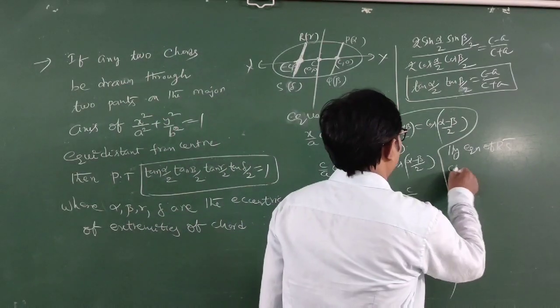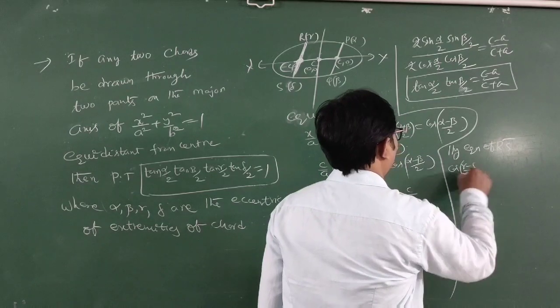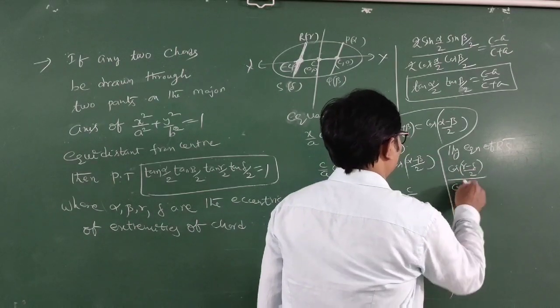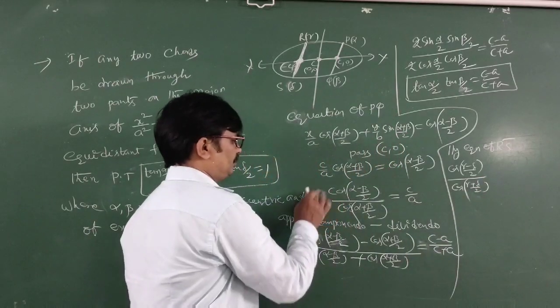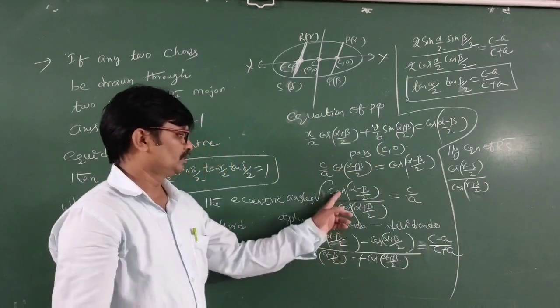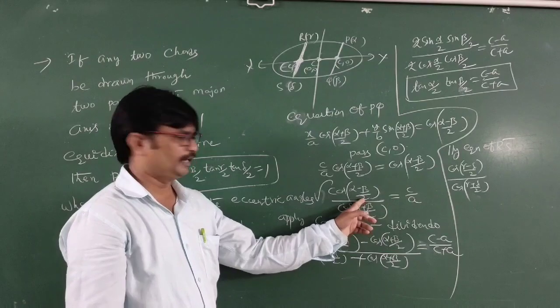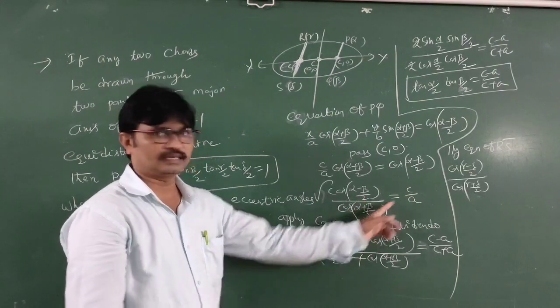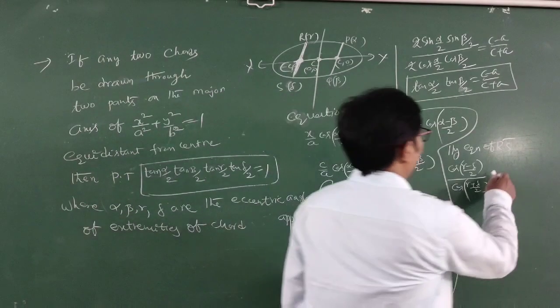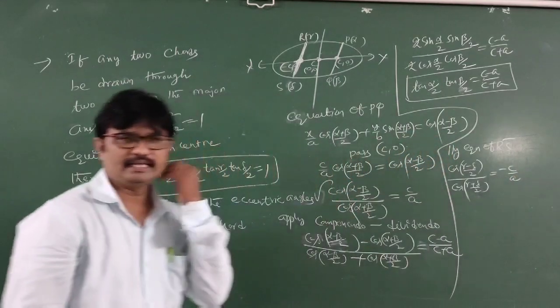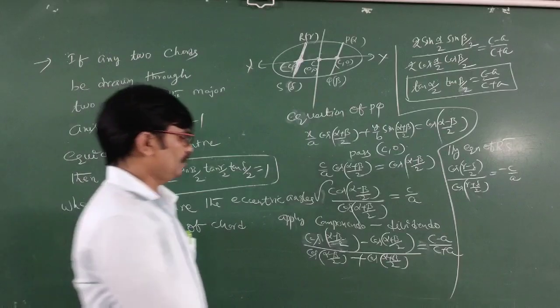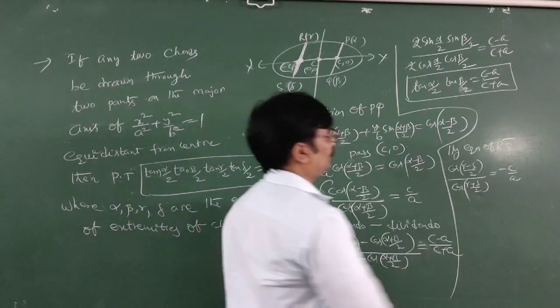Simply you can write cos of (gamma minus delta)/2 over cos of (gamma plus delta)/2. This step I will take directly. Similarly, cos of (gamma minus delta)/2 over cos of (gamma plus delta)/2 equals minus C by A.